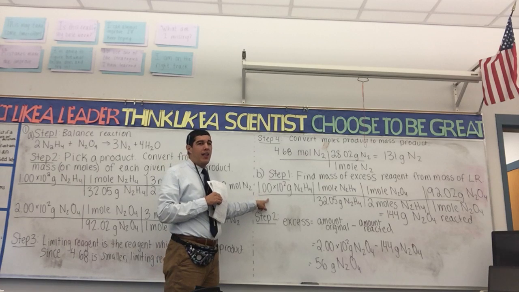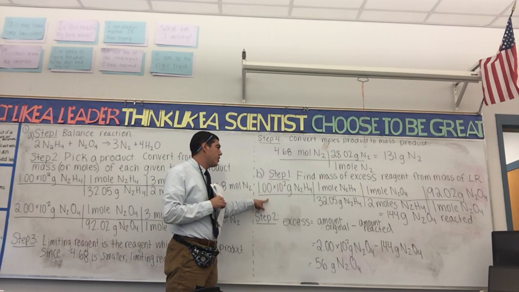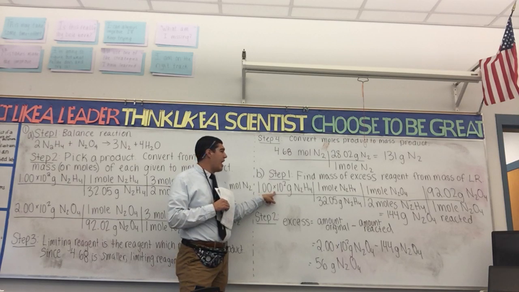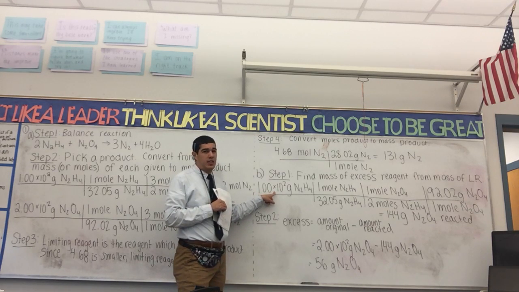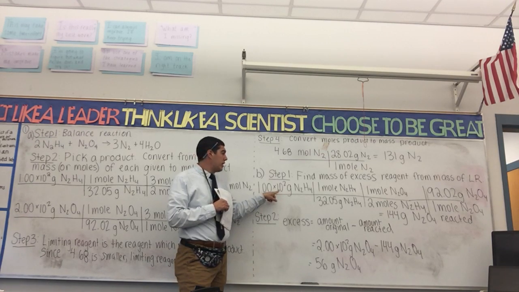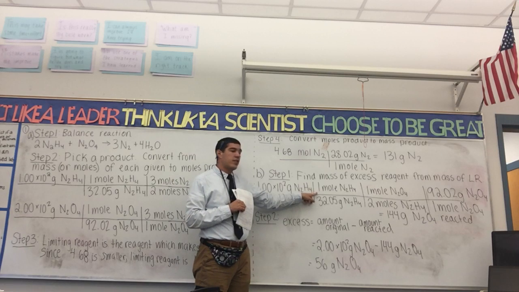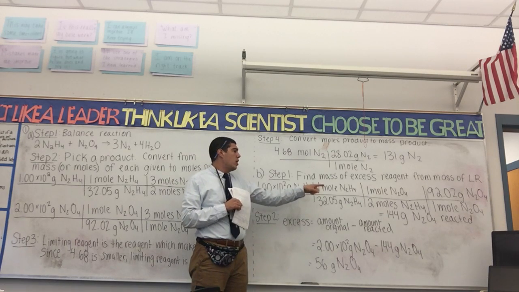Let's look back at this train track method. The way we do this is we look at how much N2H4 reacted. Since this was the limiting reagent, we know that all of it reacted. So we're going to start with the given, which was the limiting reagent. For this train track, we convert from grams of N2H4 to moles of N2H4.